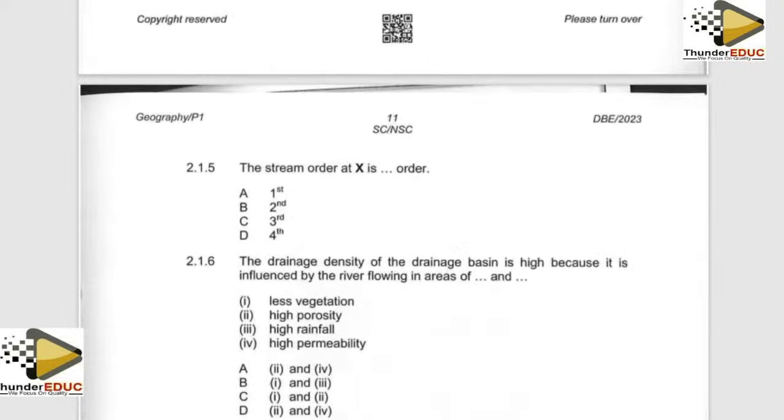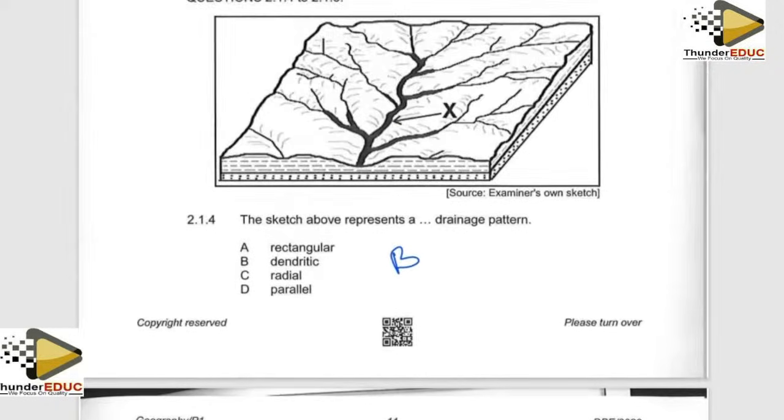Okay, 2.1.5, the stream order at X. We go to X. Where is X? X is here. So which stream order? We say 1 and 1 is 2. That means 2 mixed with 2, it forms what? 3. So 1 and 1 is 2, so we keep 3.